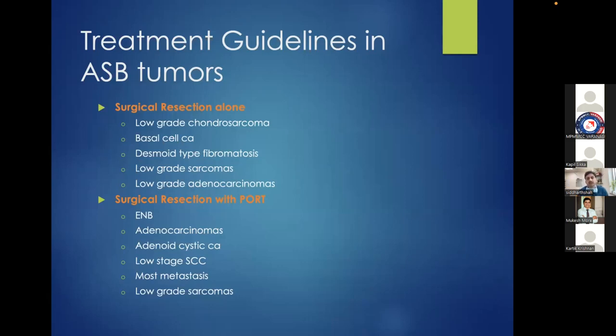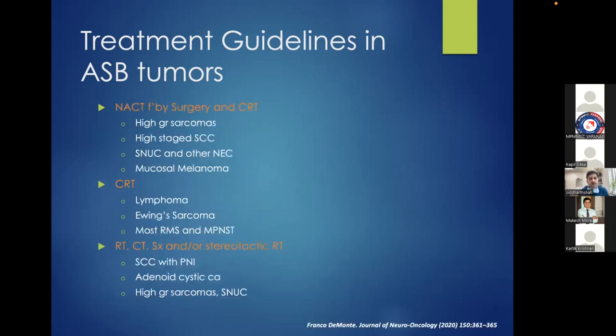But with slightly advanced cases or high-grade tumors like esthesioneuroblastoma, Kadish C, adenocarcinomas, adenoid cystic carcinomas and squamous cell carcinomas, they are managed with surgery and radiotherapy.